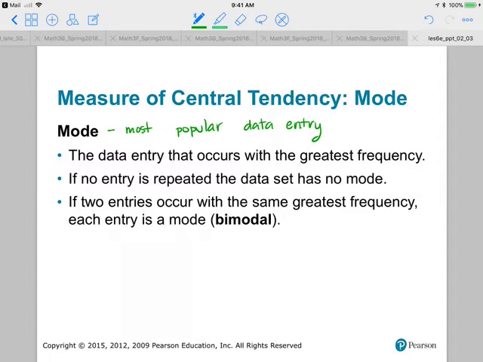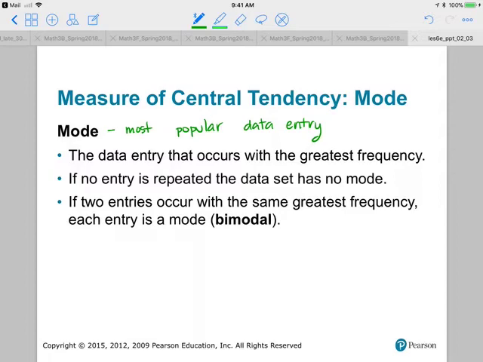Lots of data sets don't have an entry that's repeated, right? No number is repeated. Lots of times when you're collecting data, say website addresses, or a list of websites that people visit after they visit your website, you may or may not have a repeated entry.